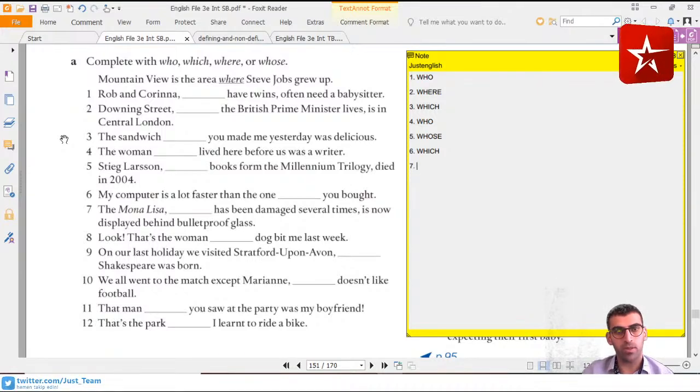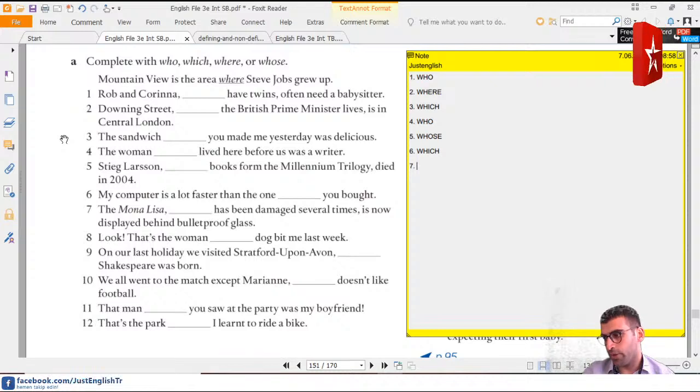For number 7, the Mona Lisa, which has been damaged several times, is now displayed behind bulletproof glass. Number 7, which answer is correct, in your opinion? We will see. Okay, number 7.